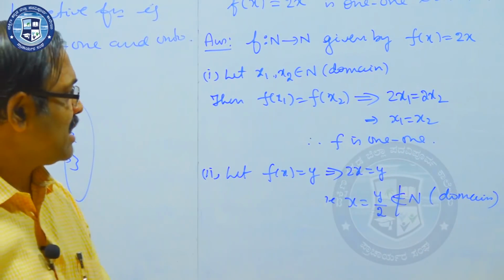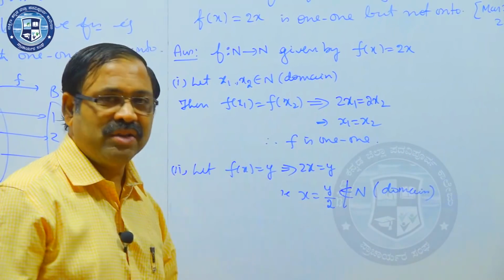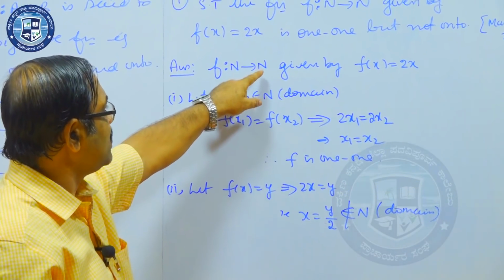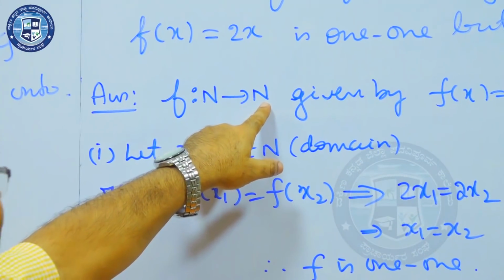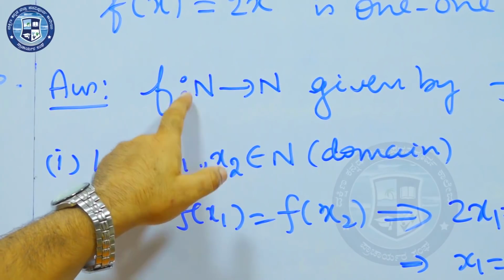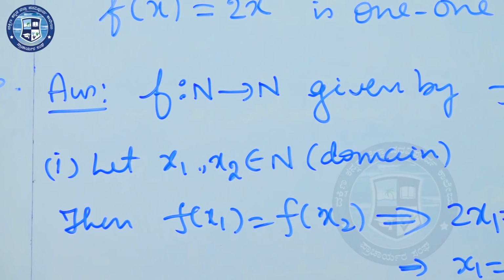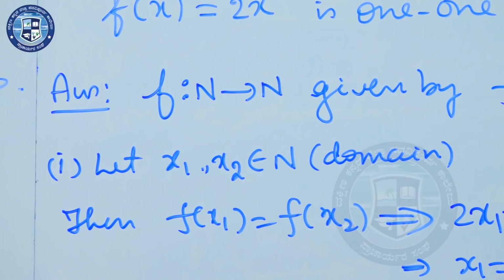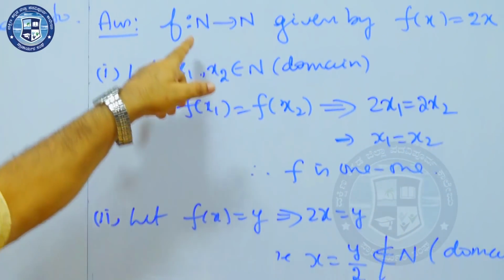See, I am just writing this domain, that is for your understanding. Always you should remember that onto means for every y belonging to the second set, there exists x belonging to the first set such that f of x is y. So now you have located an element in the second set. Hence, you are finding out an element x in the first set.